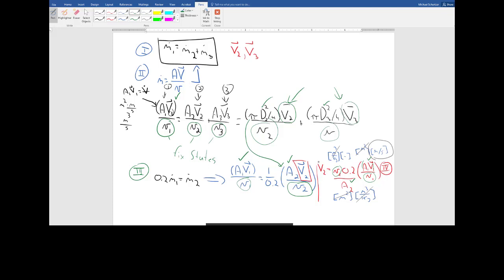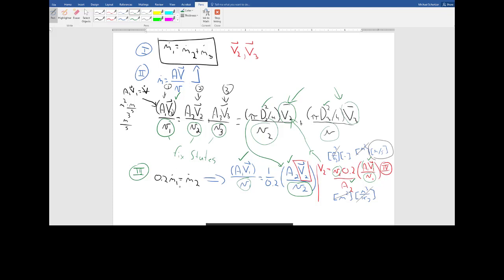The first is that I could take this equation and put it into this equation over here, I guess I skipped a number. But I could put this up into this equation here and then solve for V3. But I think that's going to be pretty cumbersome.